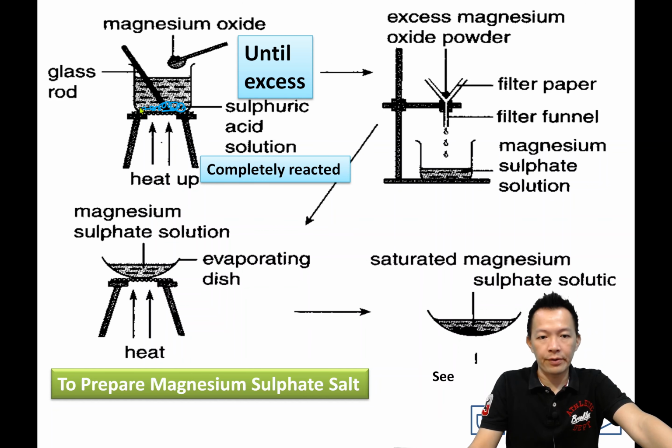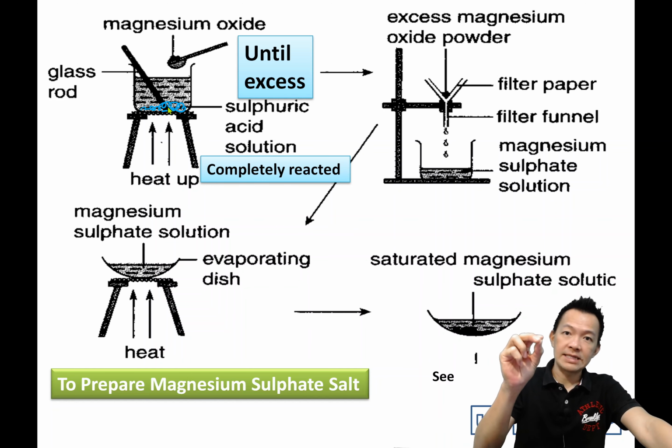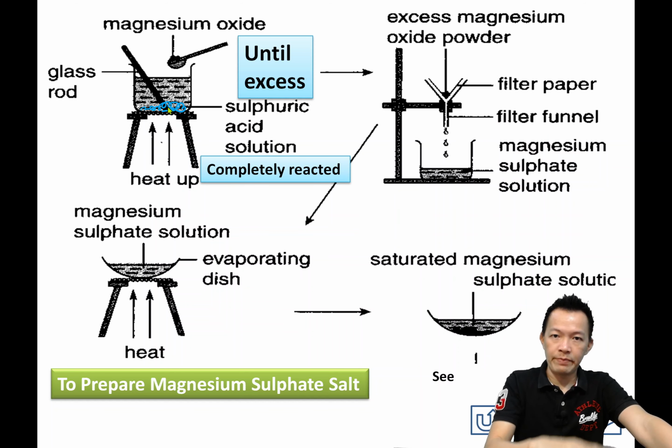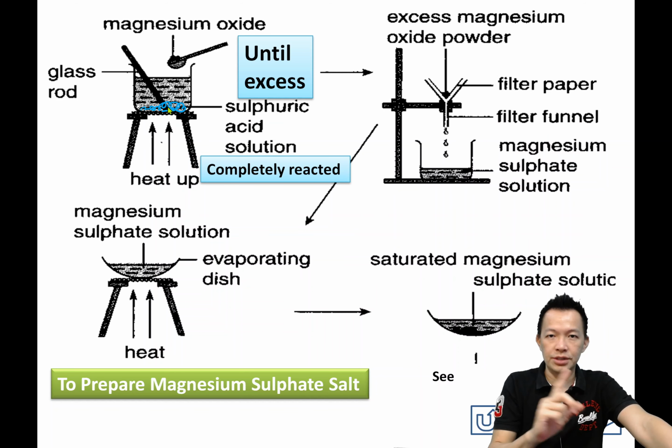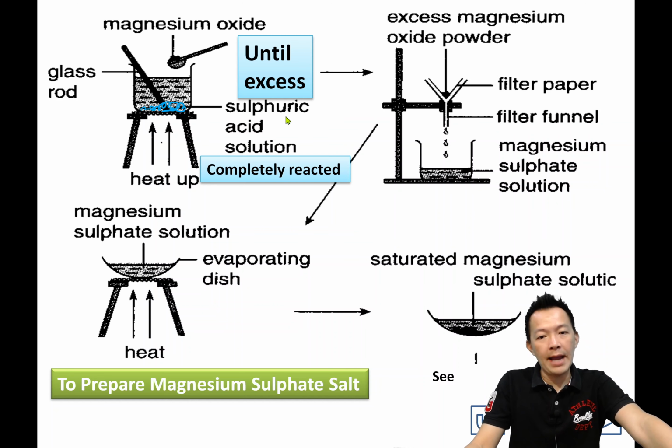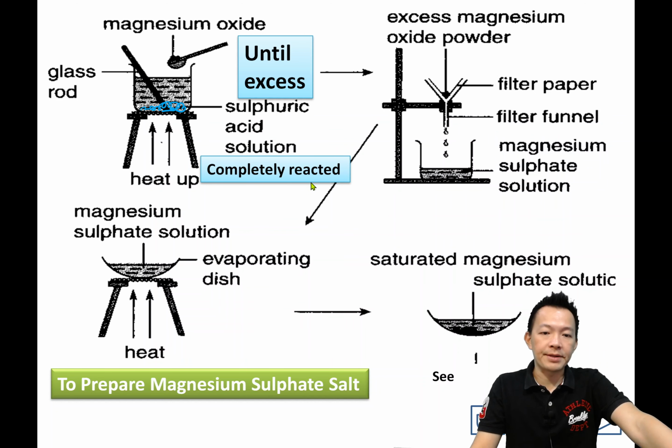Add until the white magnesium oxide powder stays at the bottom of your beaker, swirling around. But why? Simple. To confirm the complete chemical reaction between the sulfuric acid and magnesium oxide. When the sulfuric acid is completely used, magnesium oxide will be insoluble and sink under your beaker.